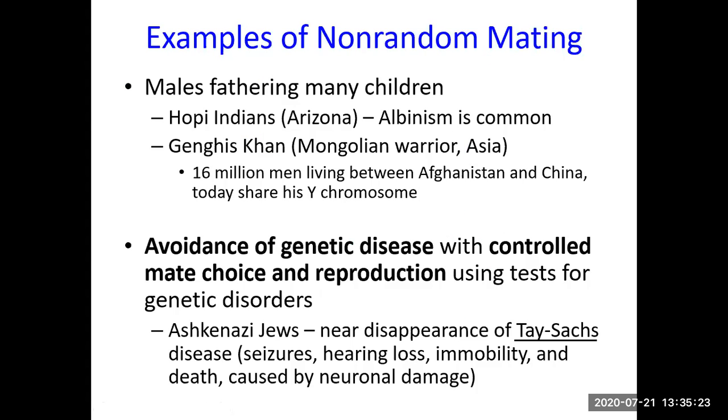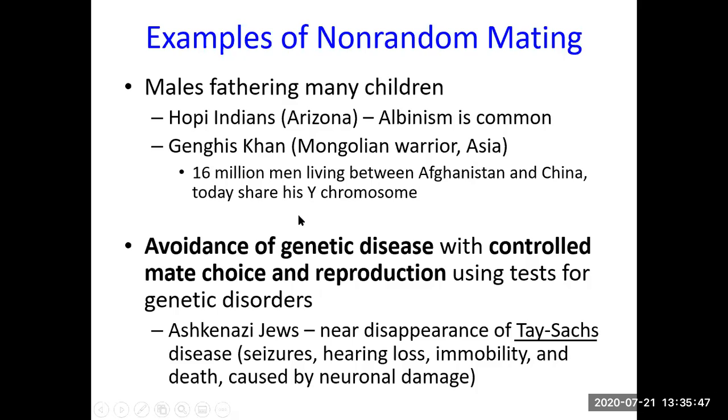Some examples of non-random mating. Historically, you may have heard about Genghis Khan, a very notorious Mongolian warrior from Asia. In present times, research has shown that about 16 million males living between Afghanistan and China are believed to be related to him in some way or the other.